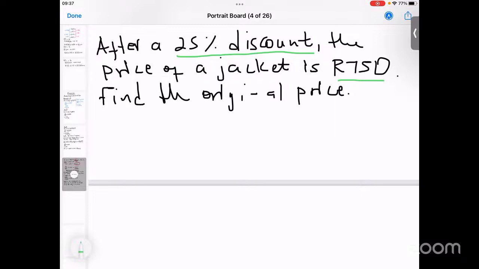So that means originally we had a 100% price, of which they removed that 25% being the discount. So that means we remain with 75%.